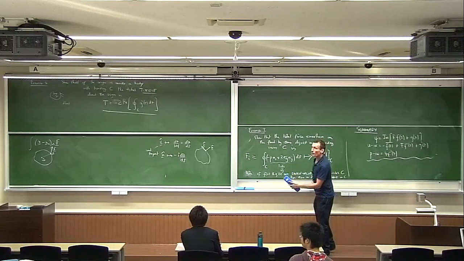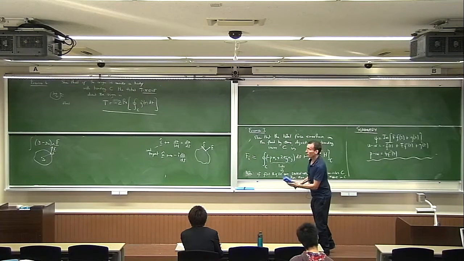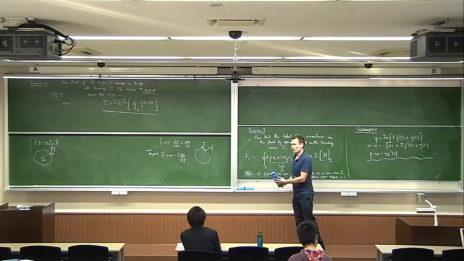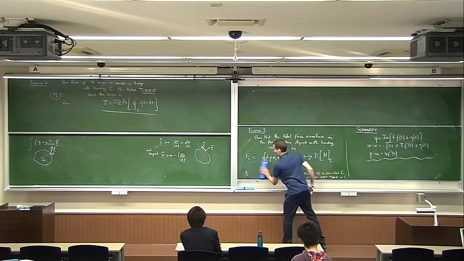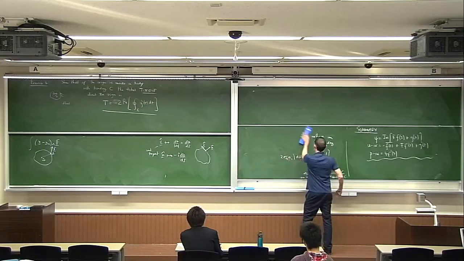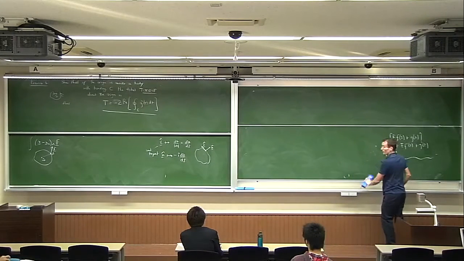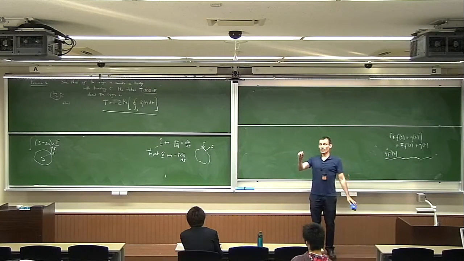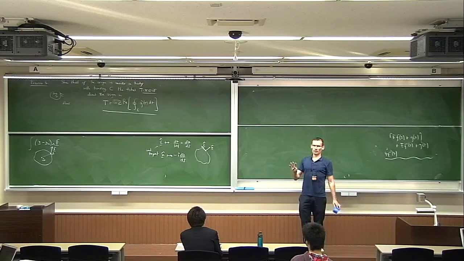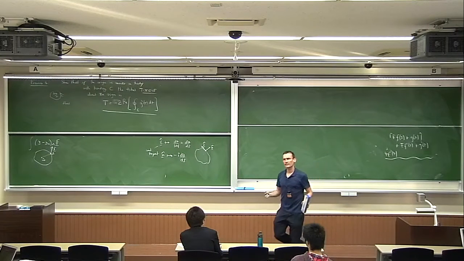Torque depends on the shape of the curve. Yes, because you have to forget about Cauchy now. You can't change contours and still get the same answer, because we've lost a lot of analyticity.